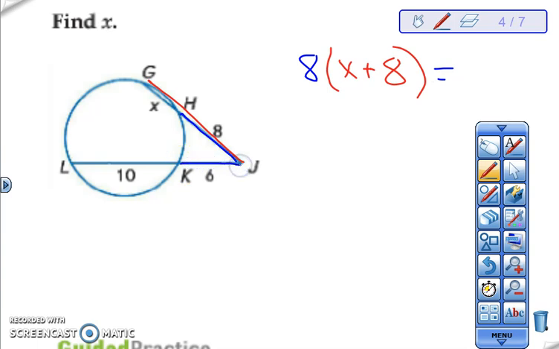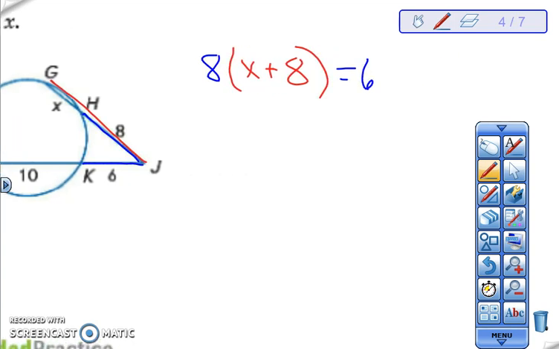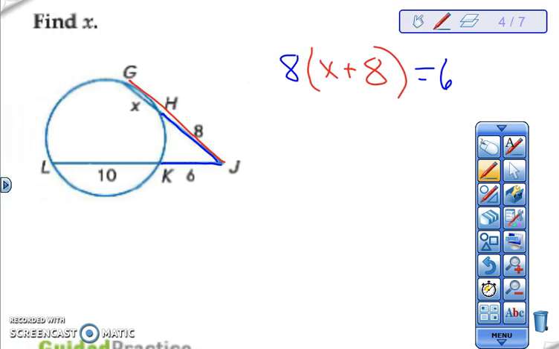The other line from L to J, the external portion is 6. And the total length is 16.